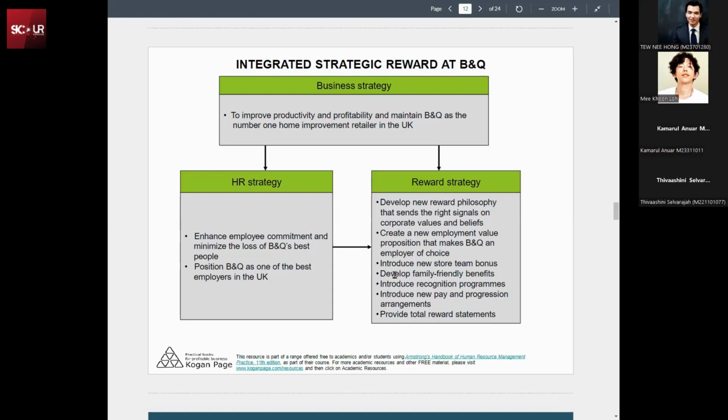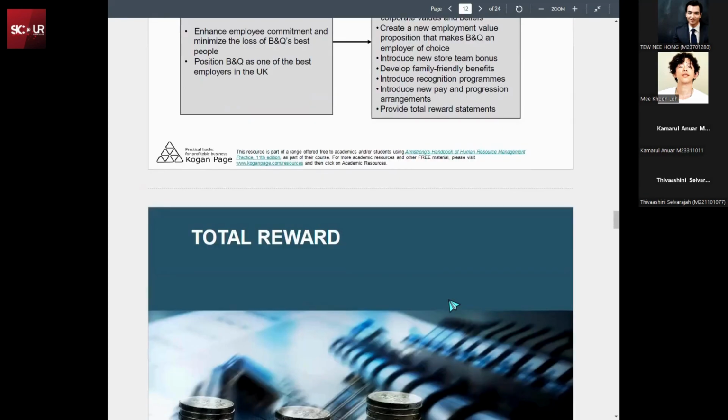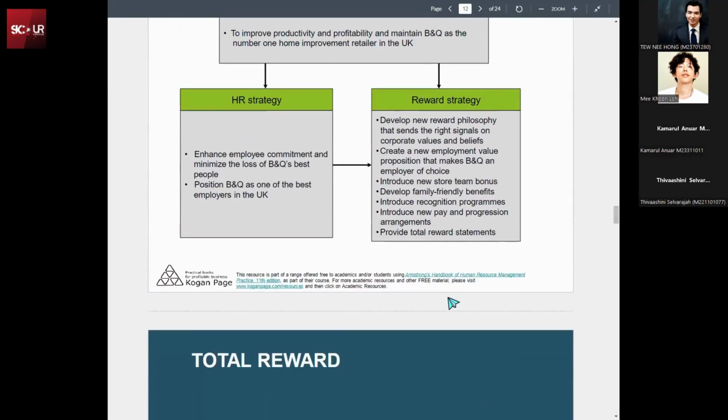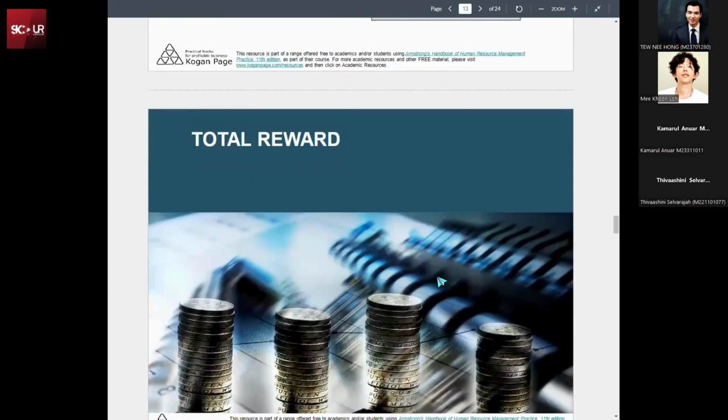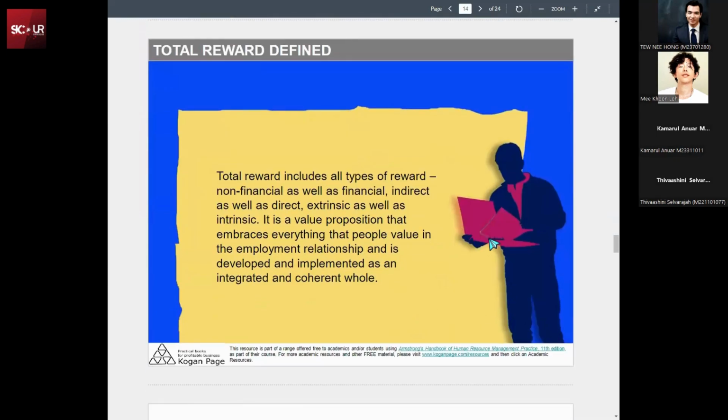But if you are an HR manager later, if you want to develop, you must make sure you develop it like this. Make it possible, as we must go through the system. Okay, on the system. Then the strategic reward. Now we go to total reward. Total reward is defined as including all types of reward, non-monetary as well as financial, and indirect as well as direct.